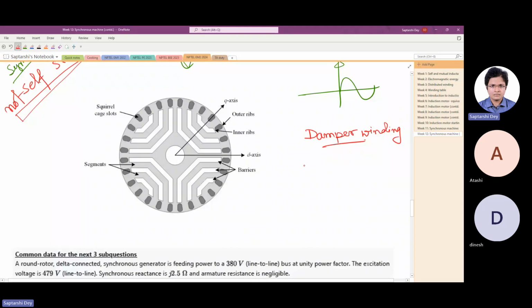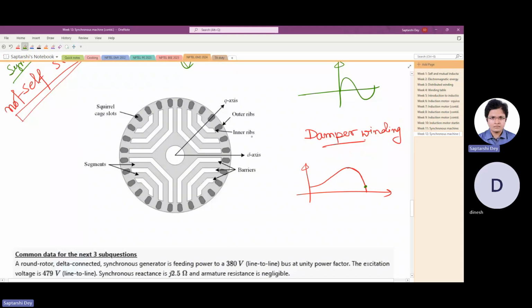And we know that an induction motor at steady state is very close to the synchronous speed. So once it starts as the induction motor and reaches somewhere close to the synchronous speed, it locks on to the stator field, which is rotating at synchronous speed, and then it keeps rotating as a synchronous machine.